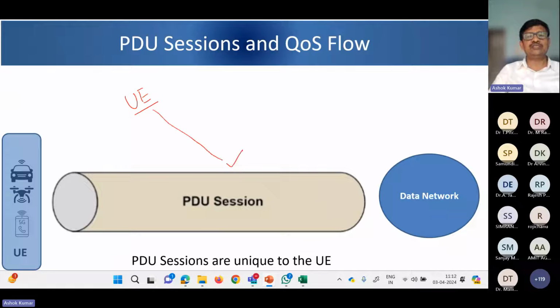One PDU session gets created for that user, and this PDU session will be unique for a user equipment. That means one PDU session will be meant for only one UE. This PDU session will not be shared with other UEs. So that's why you say PDU sessions are unique to a particular user equipment.